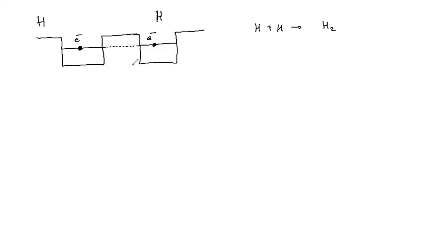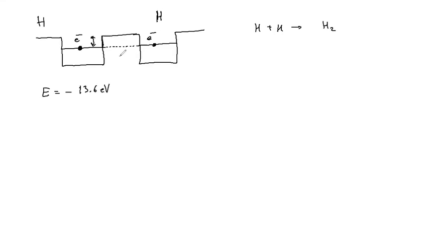So for the electron, the typical height of this potential barrier energy is about 13.6 electron volts. Yeah, it's the binding energy in a hydrogen atom. This would be the height of the potential barrier.